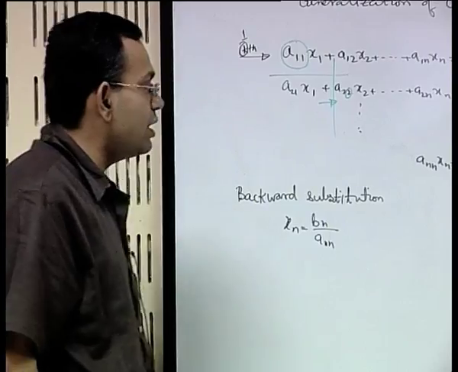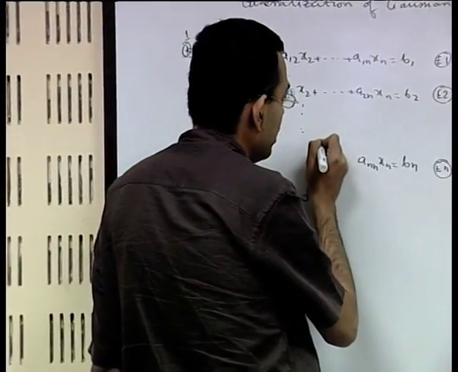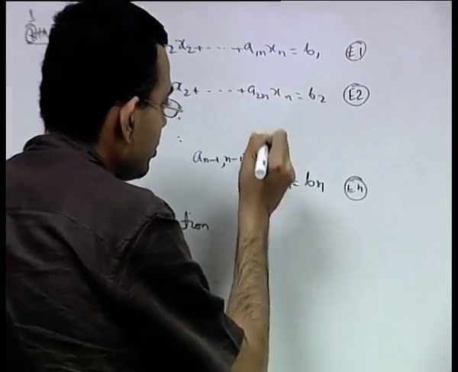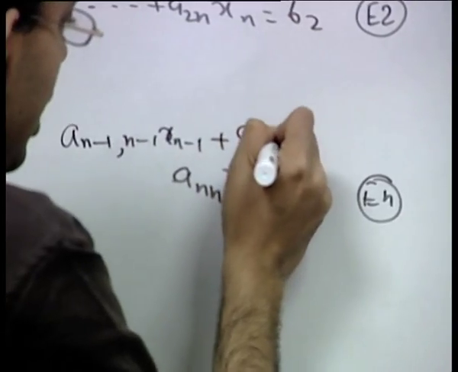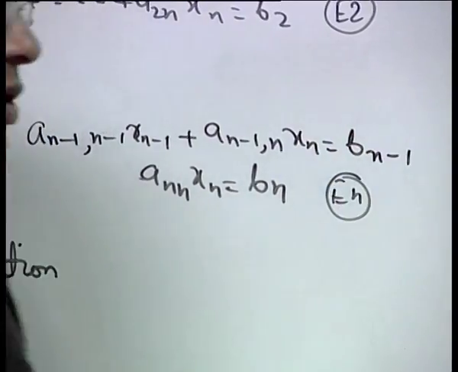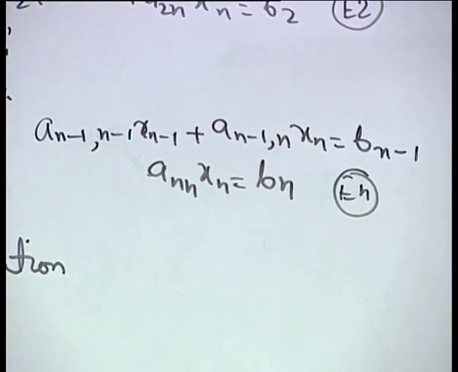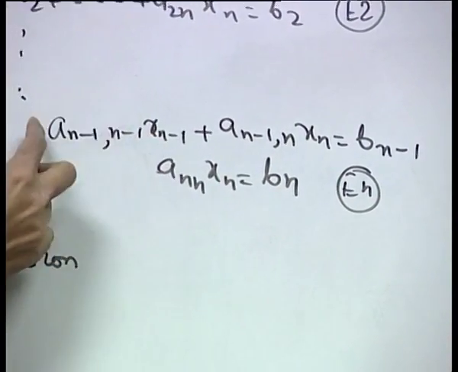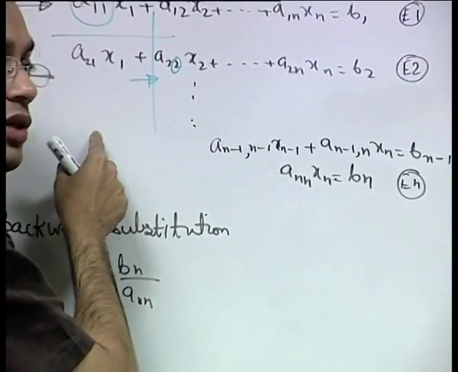Then what is the equation immediately before that? an minus 1 n minus 1 xn minus 1 plus an minus 1 n xn is equal to bn minus 1. Remember anything to the left of the diagonal has been eliminated to 0.